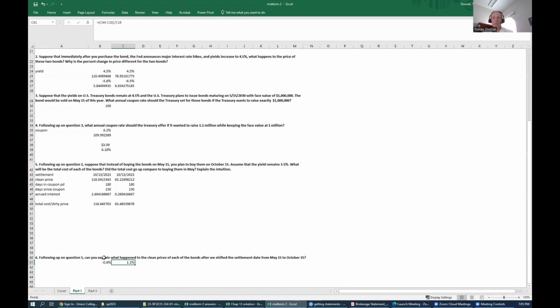Okay, and how do you compensate that seller? By giving him a little more on the clean price. So they're going to sell it to us for a little higher price. They're going to pocket the accrued interest, but since the accrued interest is so tiny, they also need to get compensated by selling it to us for a higher price.